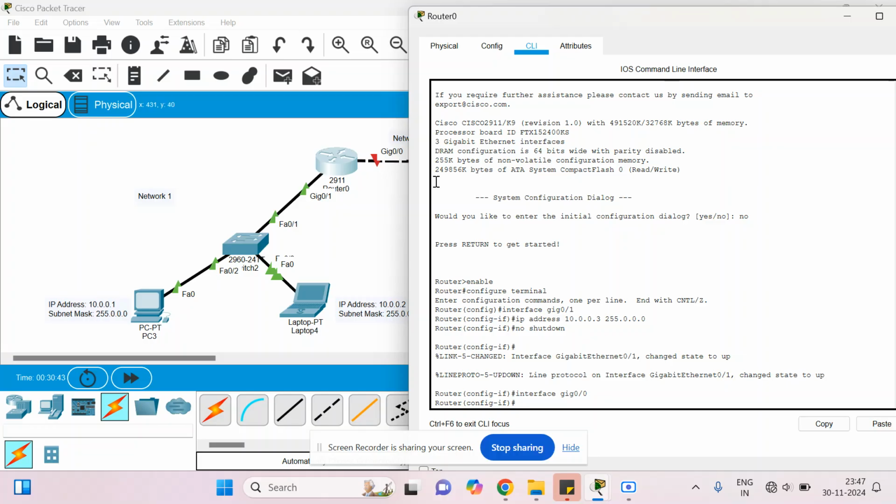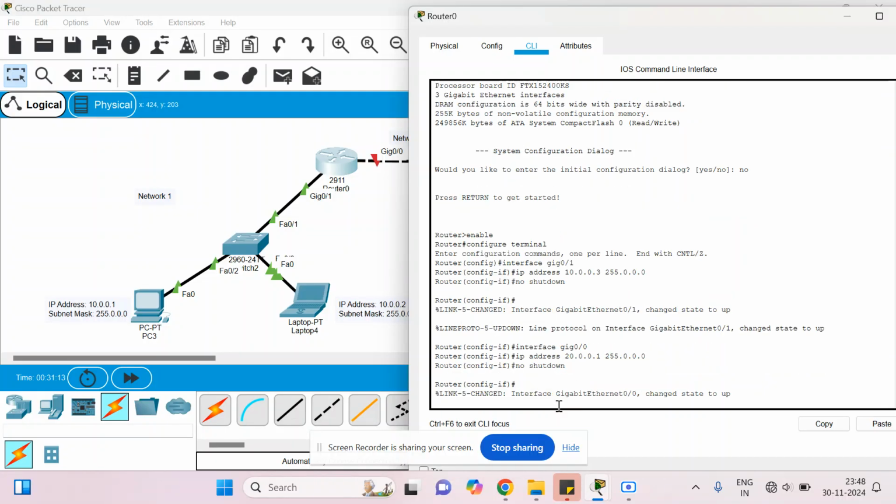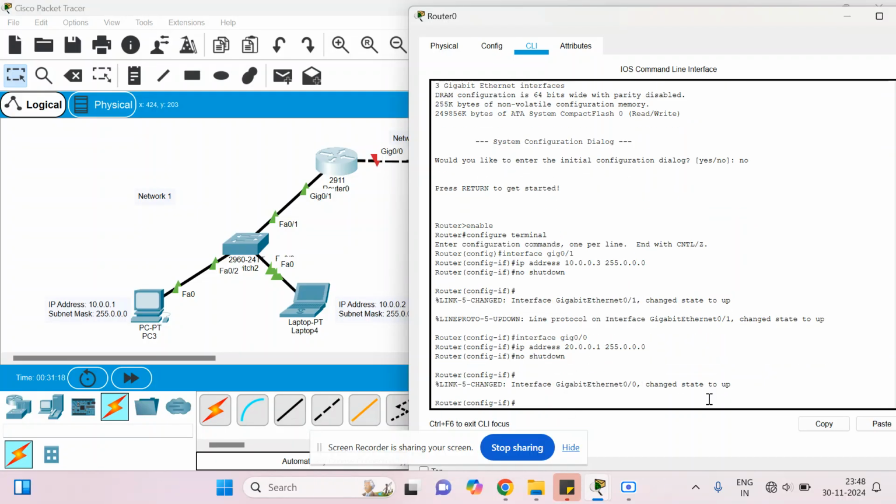If it is fast ethernet, then write fa 0/0 or fa 0/1, whatever is there. So we are in the interface configuration mode of gig 0/0. So I give the IP address. Here I am giving network 2, the 20 range. IP address 20.0.0.1, subnet mask class A default, and no shutdown. Right, this is up now, the IP is given.